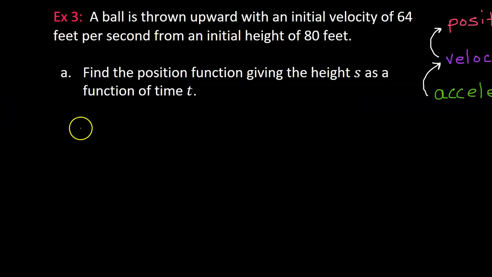So our quest to find a position function begins with acceleration. We know that the acceleration due to gravity is negative 32 feet per second per second. I'm going to leave off the units for now. The negative is because the acceleration due to gravity is always going to be down.